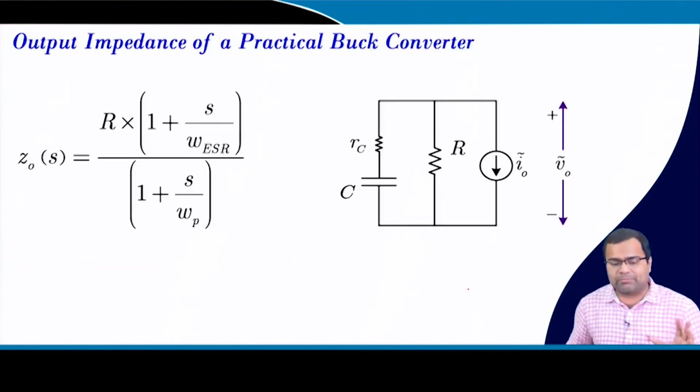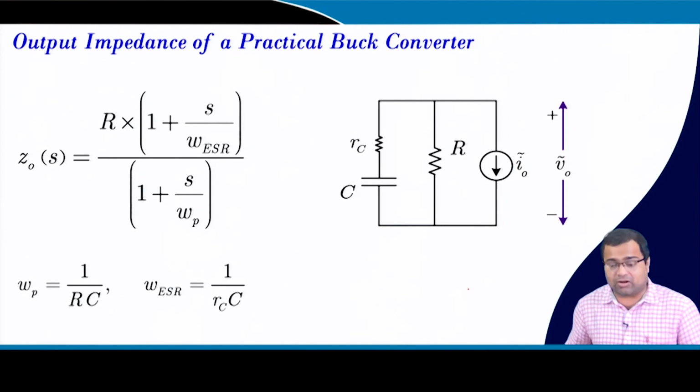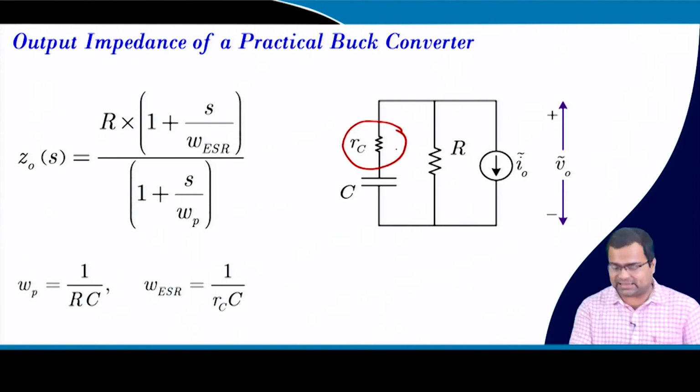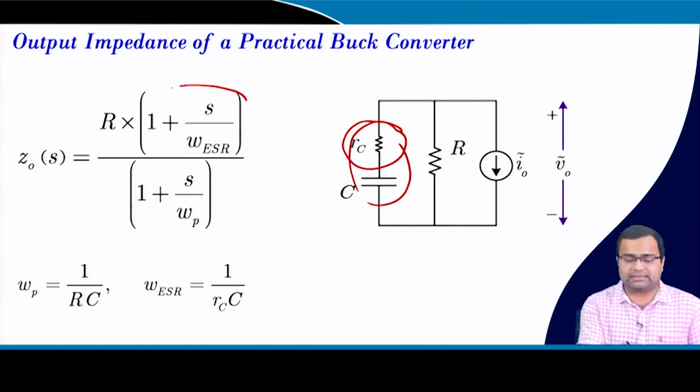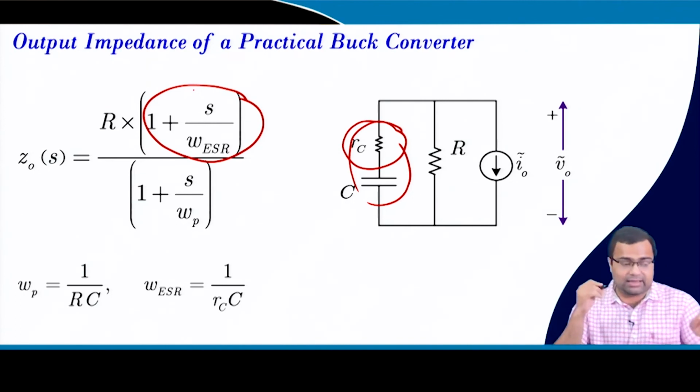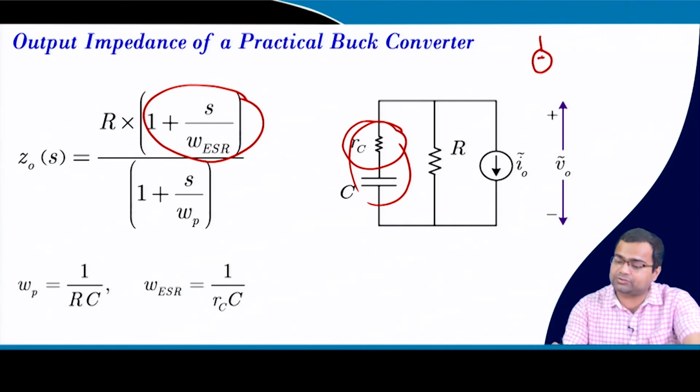So, for the output impedance of a practical buck converter, one ESR will be added, and whenever you have an ESR with a capacitor, this will definitely introduce a 0, and that is exactly what is coming. Okay. That means, in some sense, suppose you take a simple circuit and take the output, and this is the supply.